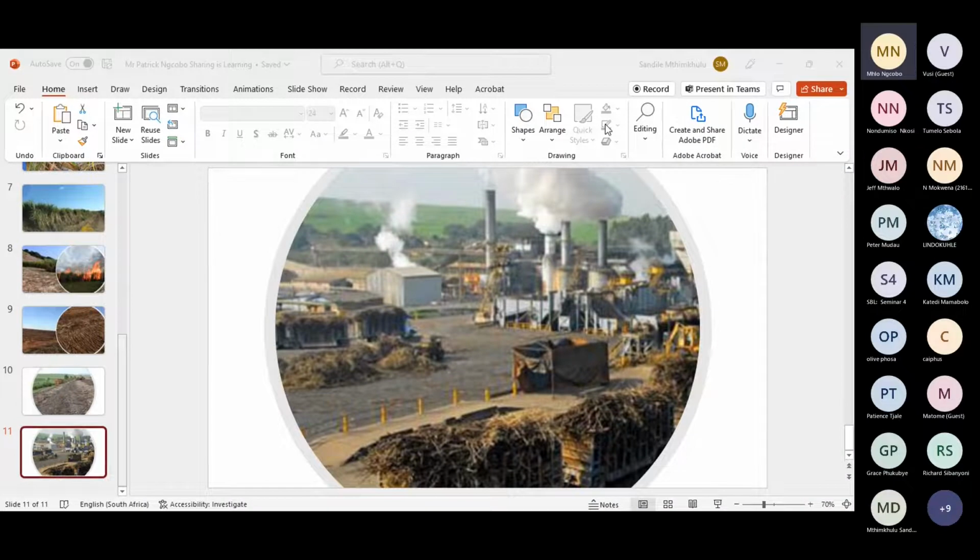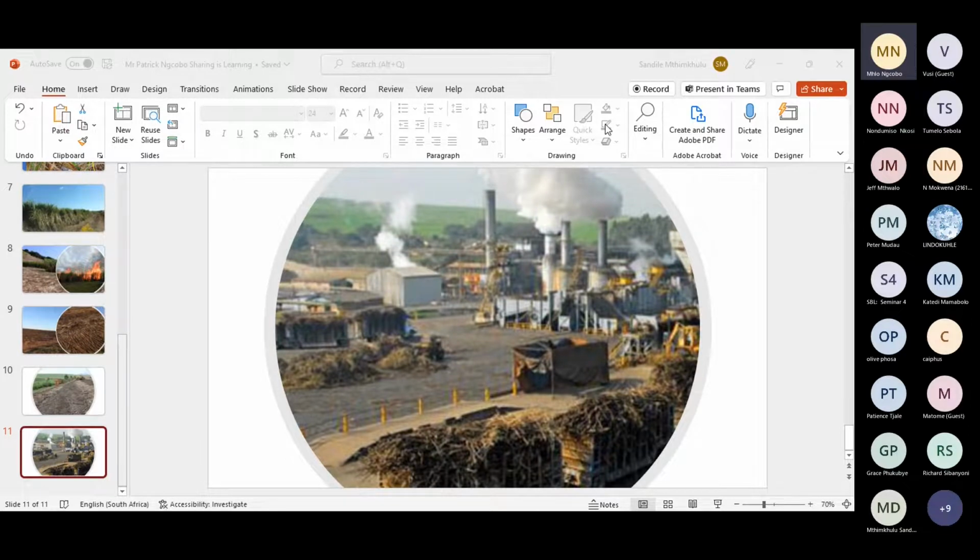If it rains as well, and then you get sunshine maybe 2 or 3 days later, then your cane starts to rot. And when it starts to rot, it means the sugar starts to ferment. Your sucrose now moves into glucose, galactose and so many other alcohols that get formed.